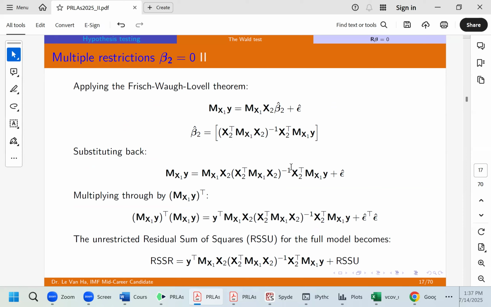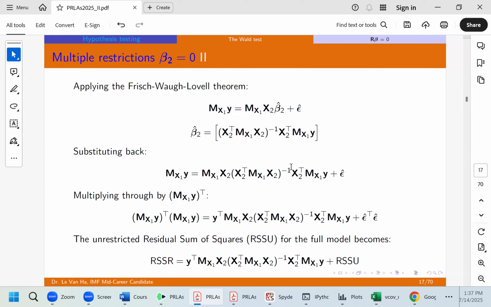beta hat 2 equal to this one. And we substitute it back. So M_X1 times M_X1 y is equal to this quantity. And after some manipulation, you will see that epsilon hat transpose epsilon hat is equal to this expression.